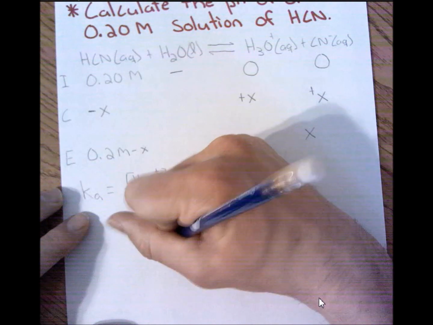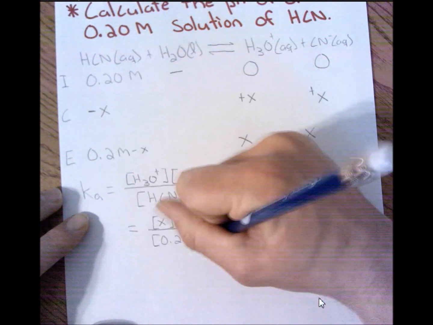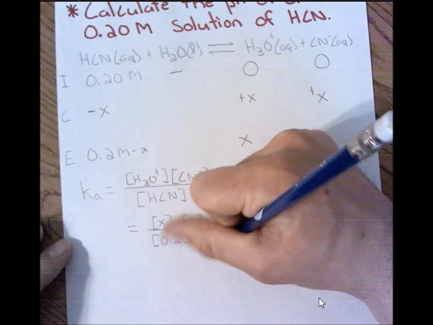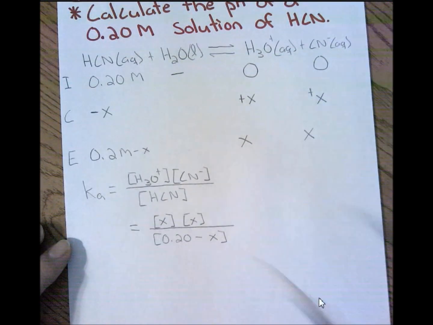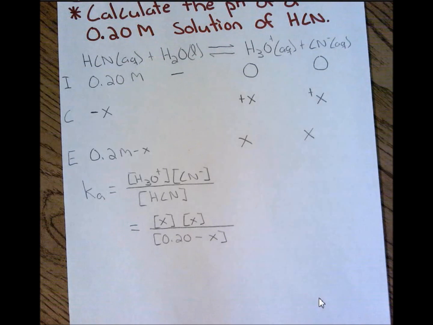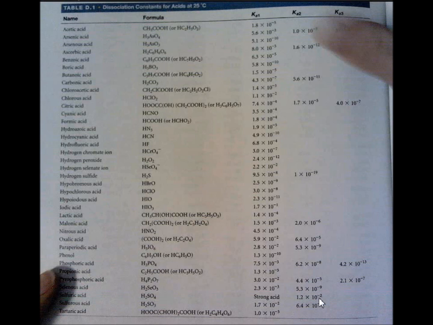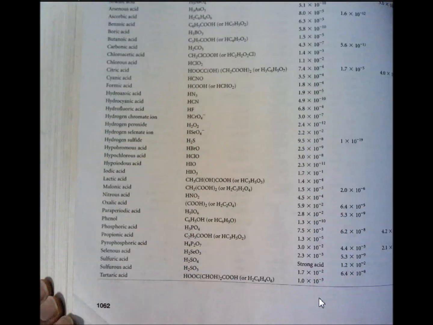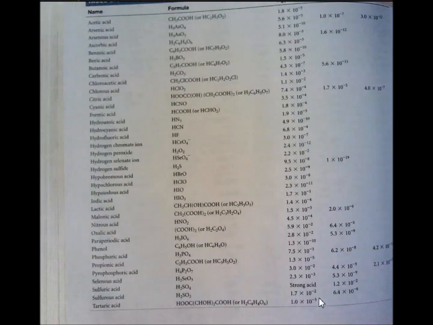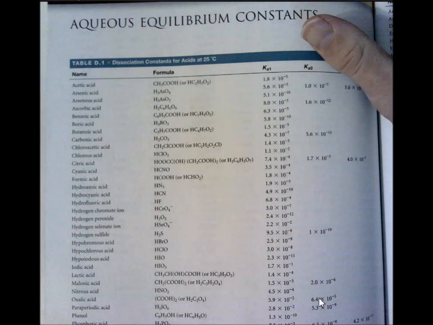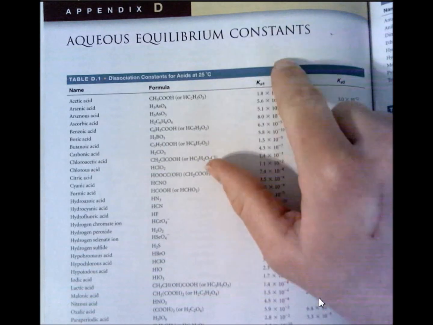So Ka, there are a couple of different places that you can find Ka. The best portion of this book is right here. I'm going to shift this away for a second. This right here is on page 1062 of your book. It's actually appendix D. It says aqueous equilibrium constants, and that's what we want. We are dealing with HCN, hydrocyanic acid.